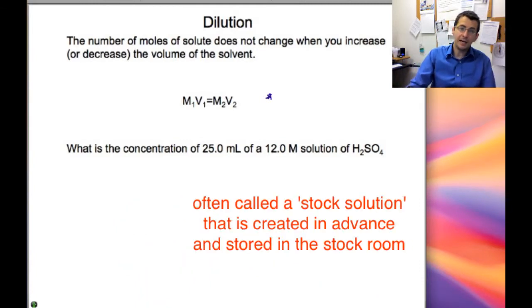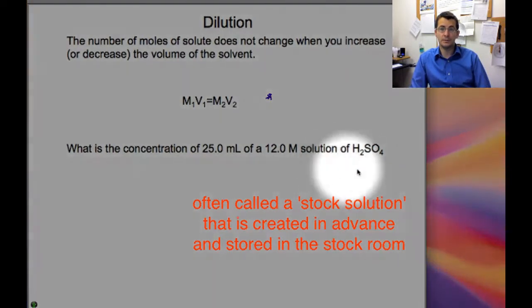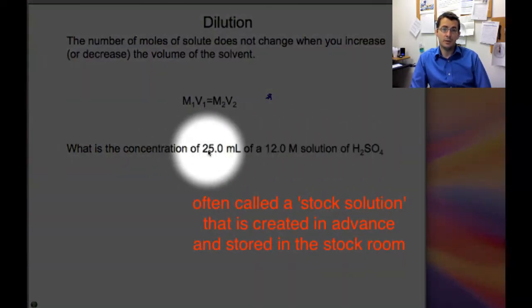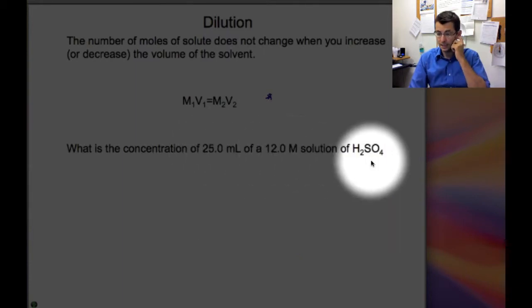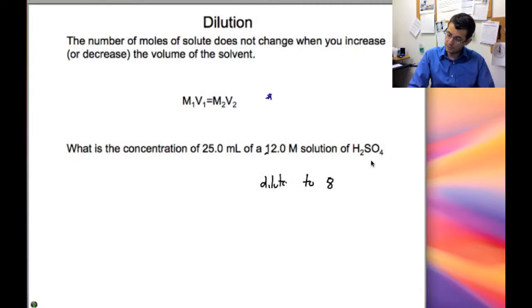So if you have a 25 milliliter solution of 12 molar H2SO4, sulfuric acid, and you diluted it to 85 milliliters, you could ask, what would be the new concentration?